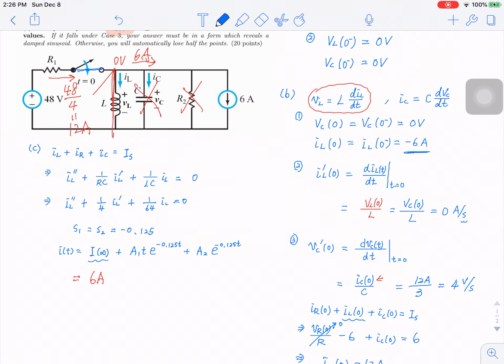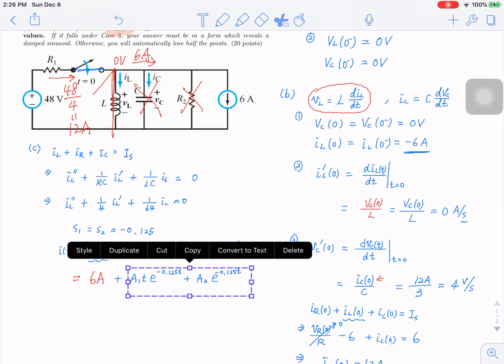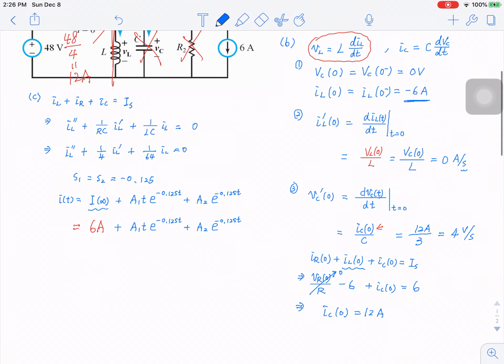And then you get this. So now you can find that IL at time equals 0 is equal to A2 plus 6, and this is equal to minus 6.